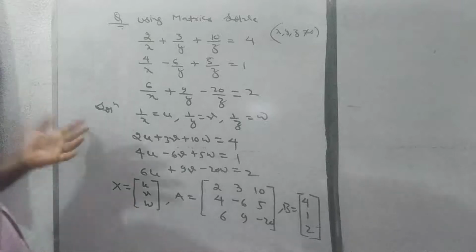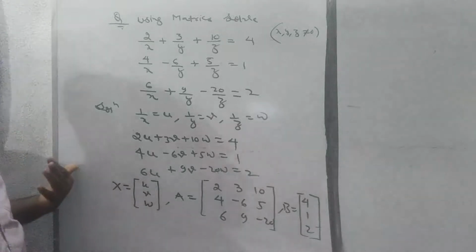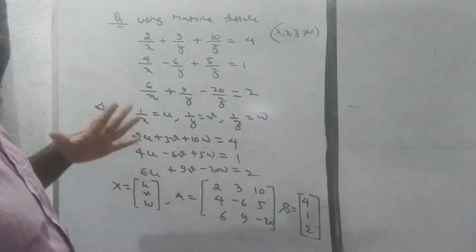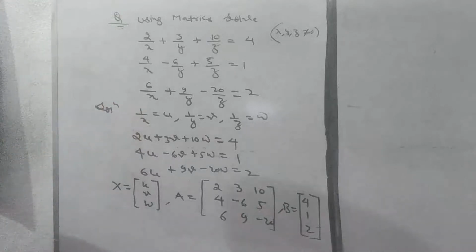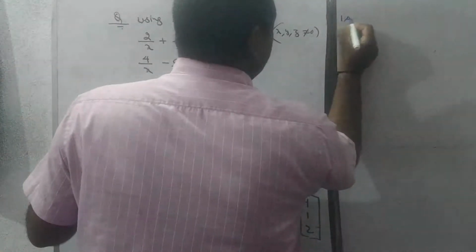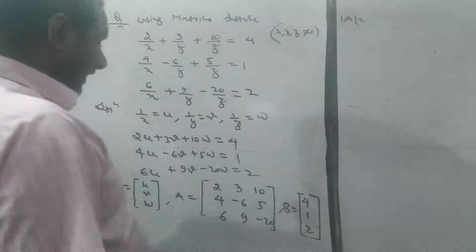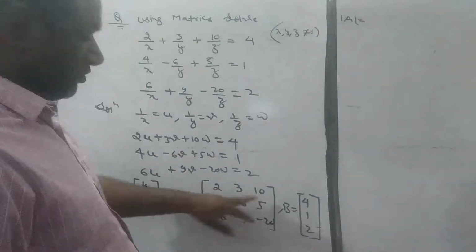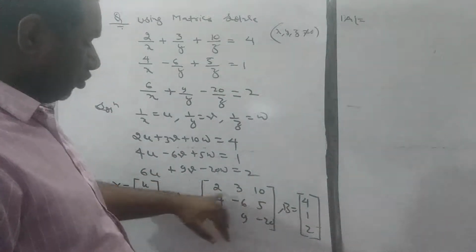So again this question is going to be solved by the category 1 method. What is the value of determinant of A? Expanding along the first row, there are 3 entries, 2, 3, 10.